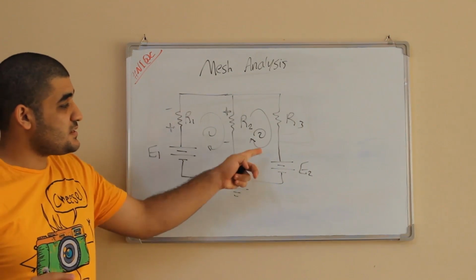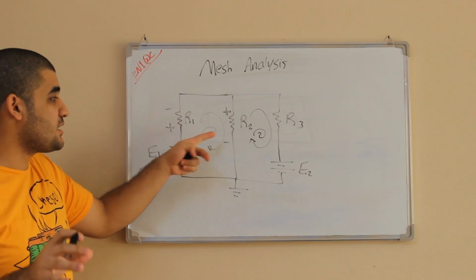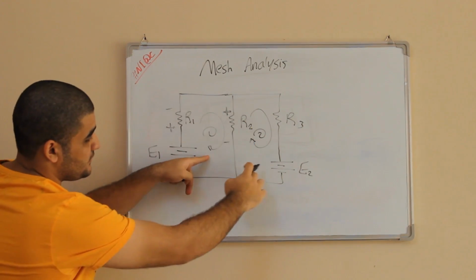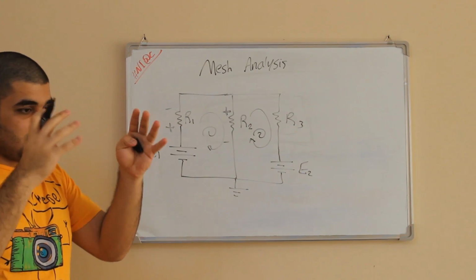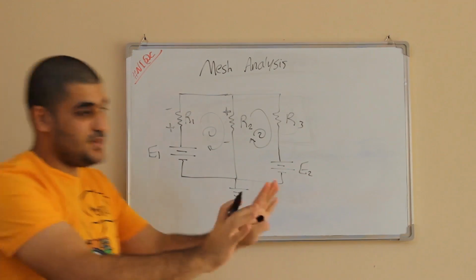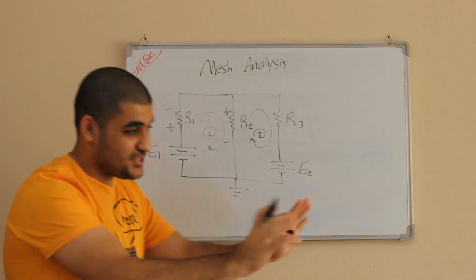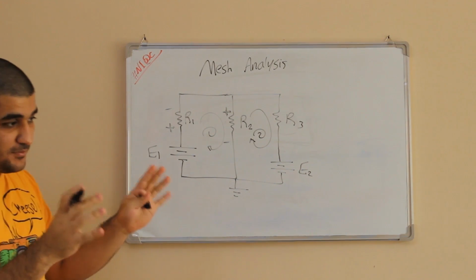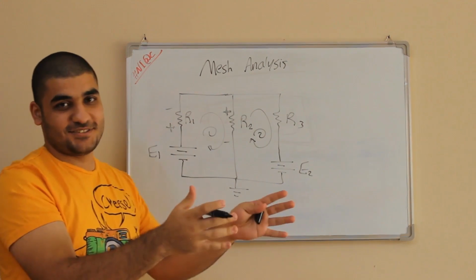But if this assumed current is larger in magnitude than the first one, then the current is flowing on this side. Imagine that somebody is pushing me, I suppose nobody can push me. So if he's stronger than me, I'm gonna go back. If I'm stronger than him, I will push him back.